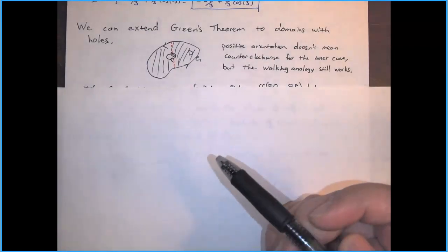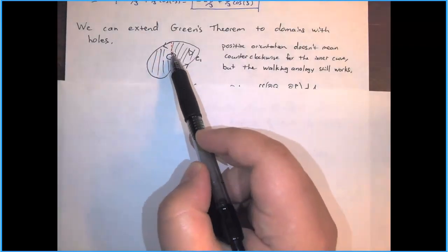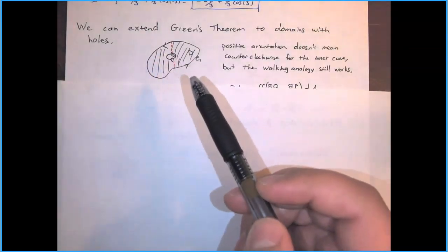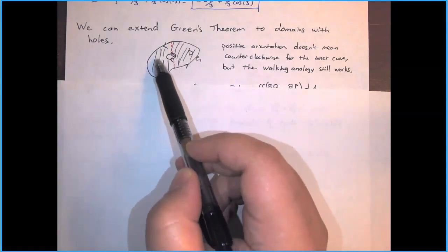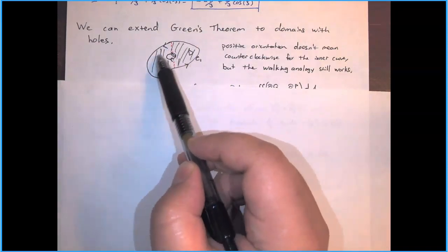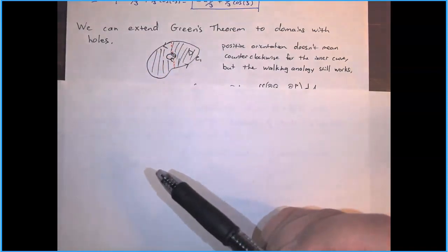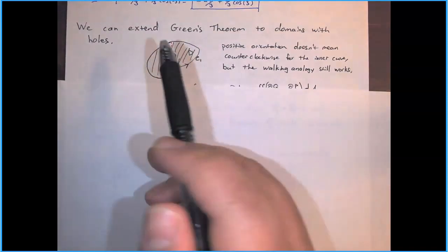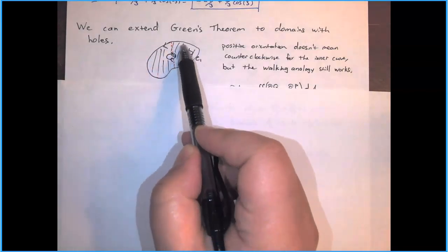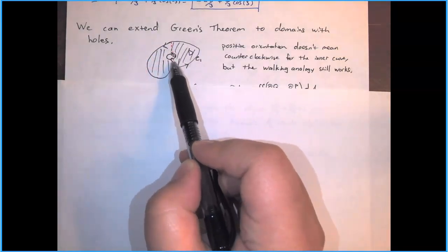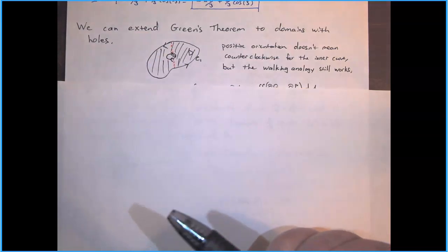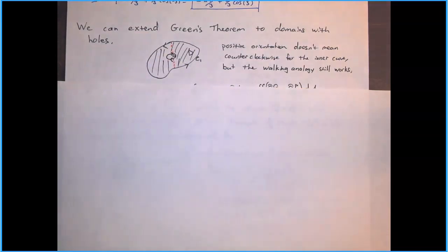Okay, so why do we change this to saying the inner curve has to be clockwise, and why do we allow a domain that's not simply connected, right? Remember, simply connected means any loop can be shrunk to a point without leaving the domain, but if I draw a loop here, I can't shrink it to a point without going through this piece that's not in the domain. Well, the trick is actually why I've drawn this dotted red line.